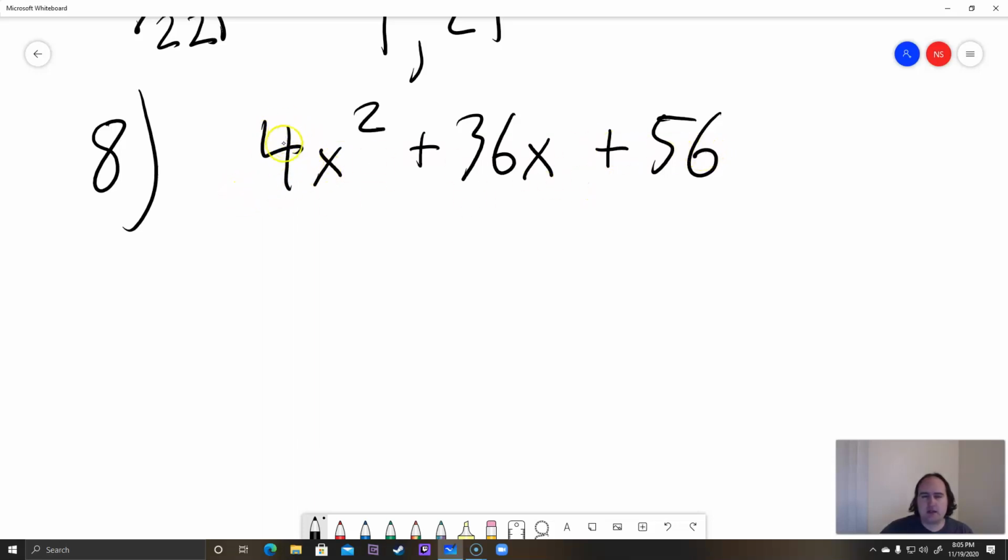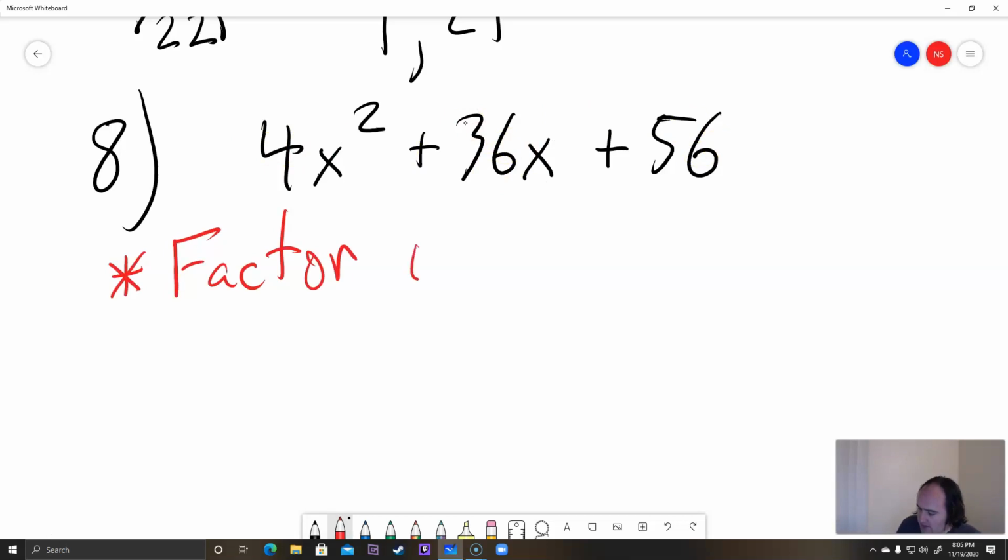Because I notice here 4 goes into 36 and 56, so I can actually factor out the GCF first. Okay, so factor out the GCF first.